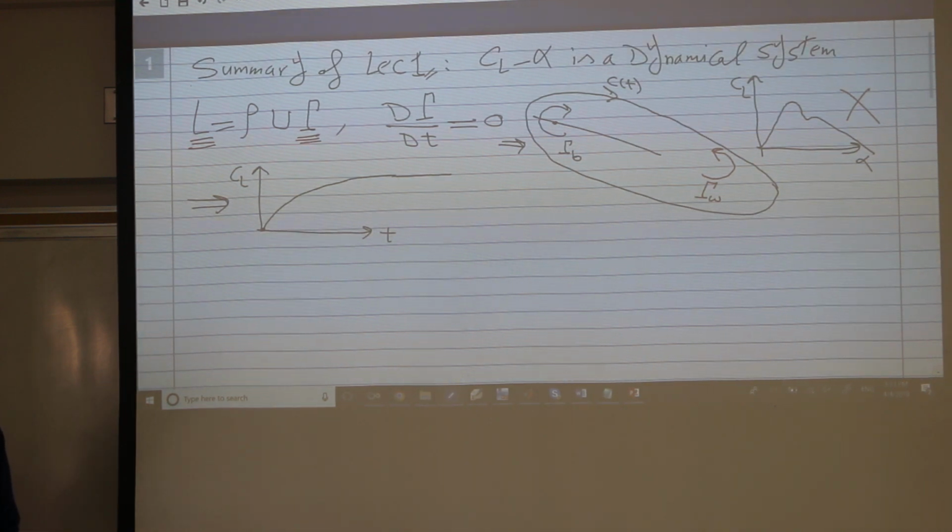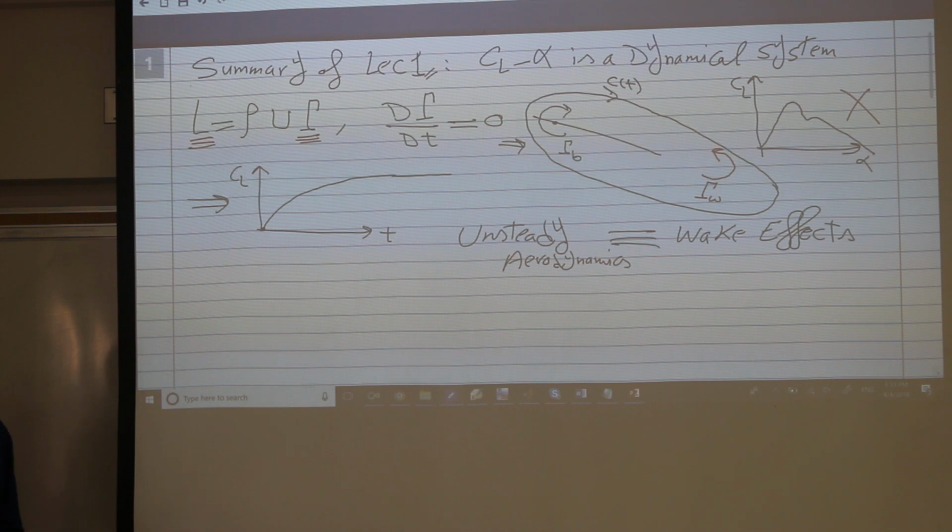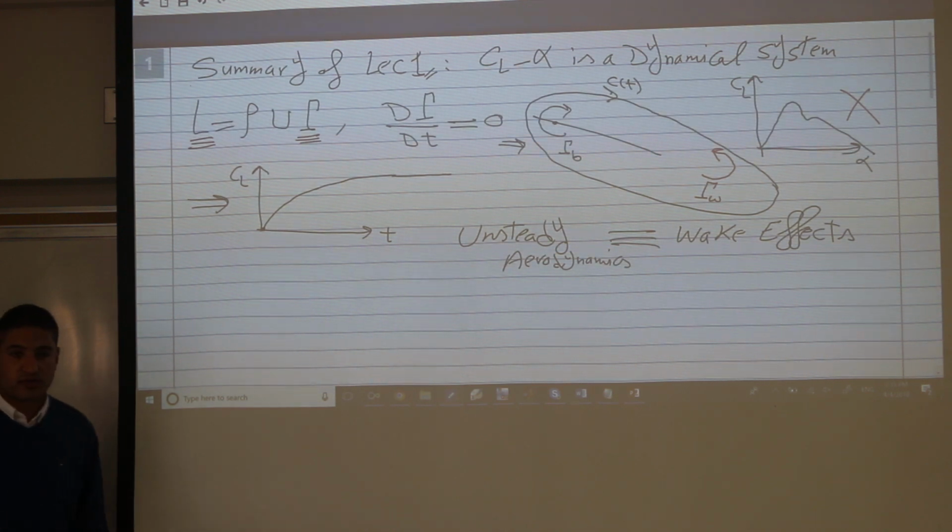Okay? And we concluded that unsteady aerodynamics, or unsteadiness, is simply the wake effects. If your model accounts for wake effects, your model is unsteady, otherwise your model is not unsteady.